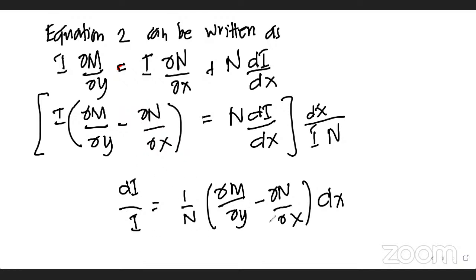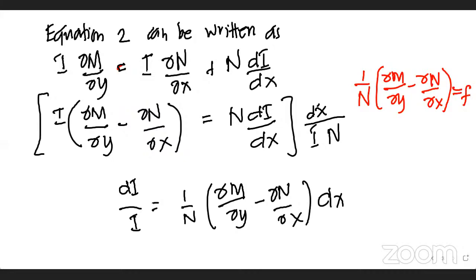Kaya itong expression na to, 1 over n times the difference of partial of m with respect to y minus partial of n with respect to x, yan is a pure function of x. Kasi nga nilet natin na si I is a pure function of x.